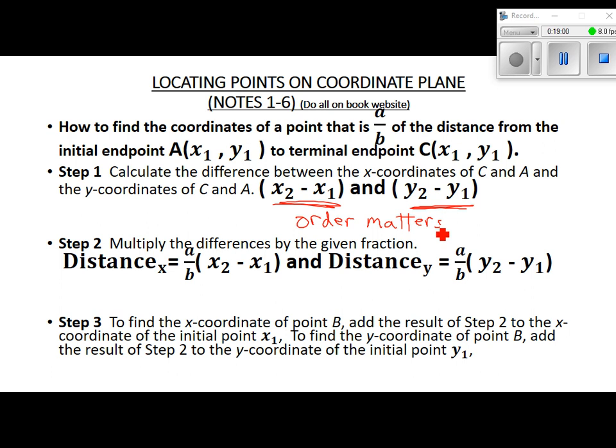The X sub 1, Y sub 1 have to be your starting point. You've got to know where you're starting and where you're ending. Remember, initial just means where you're starting, and terminal means where you are ending.